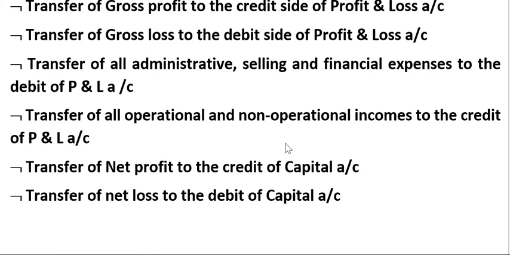So that will be your either net profit or net loss. Okay, after preparation of your profit and loss account, we have to prepare the balance sheet. So net profit, if it is there, you always credit to the capital account in the balance sheet, and if loss is there, you debit to the capital account of the balance sheet.